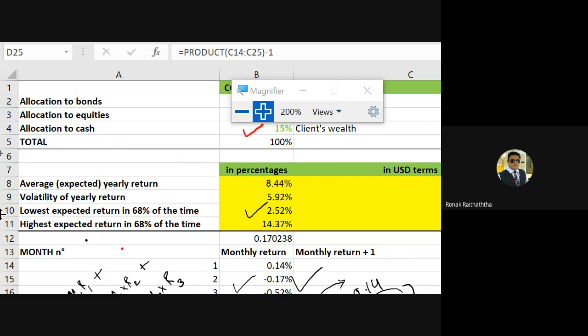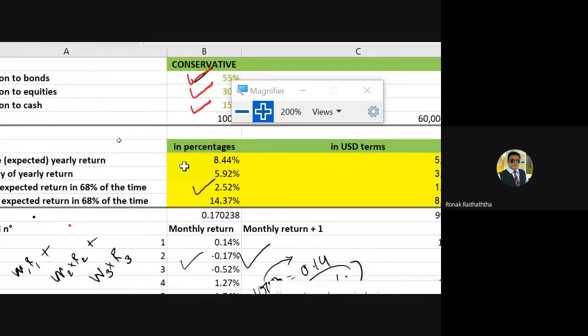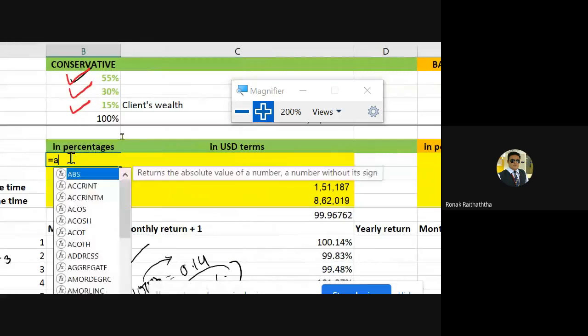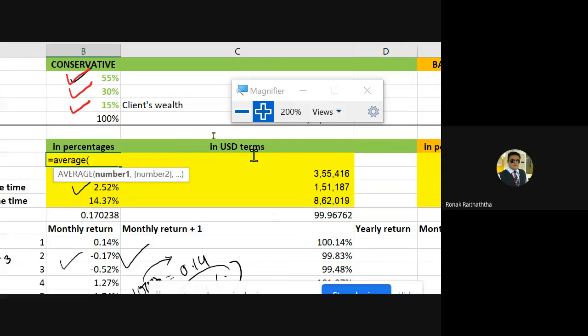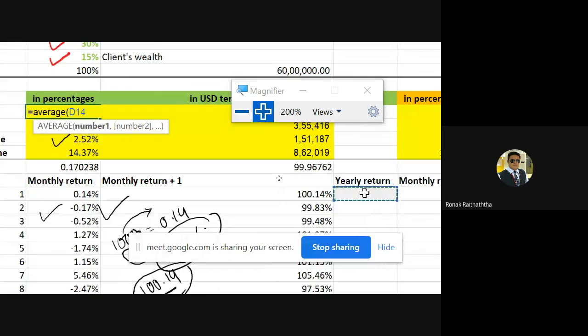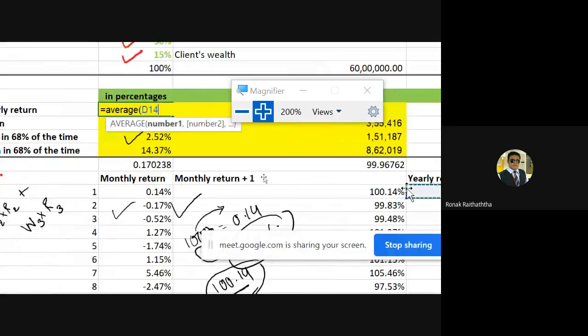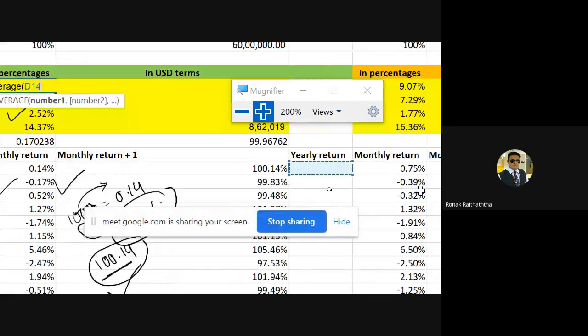So say average return we want to get, which is yearly in nature, which is a very simple formula starting with the sign of equal to AVERAGE, opening the bracket, and all the average returns you have for all the number of years. You'd be selecting right from the first to the last one.